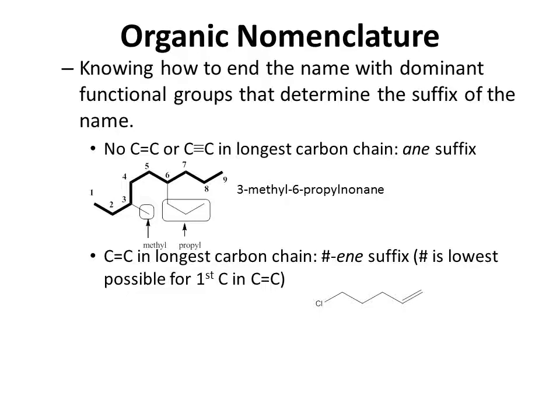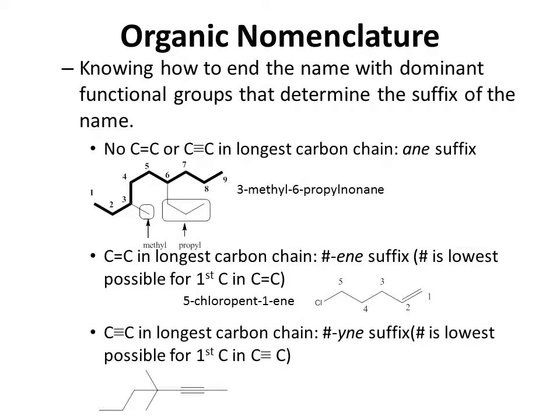So for example, if you number that molecule shown from right to left to give the carbon-carbon double bond the lowest possible number, then chlorine is at position 5, the carbon-carbon double bond starts at position 1, and the name will be 5-chloro for the position of the chlorine substituent, pent for the number of carbons, 1-ene.